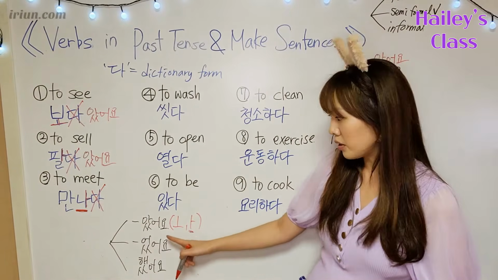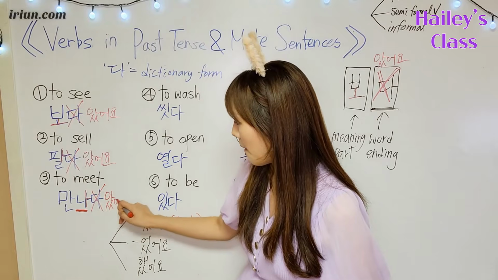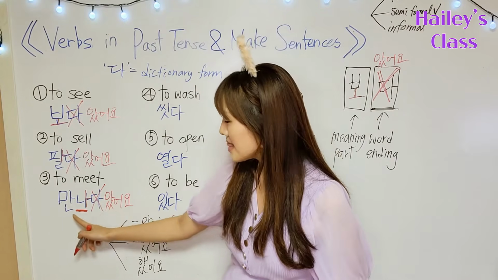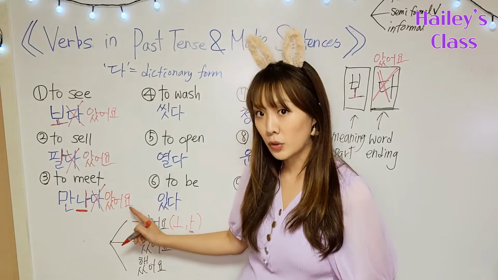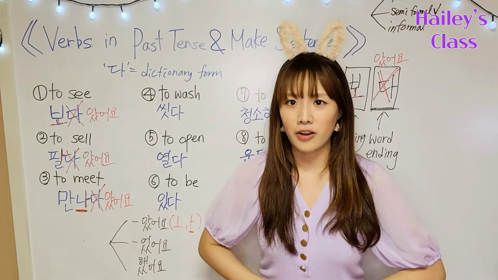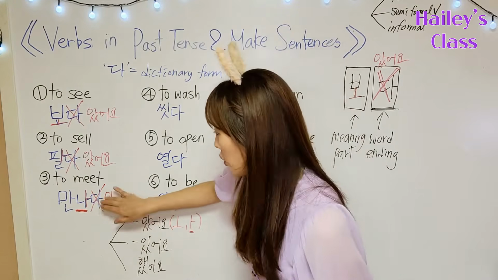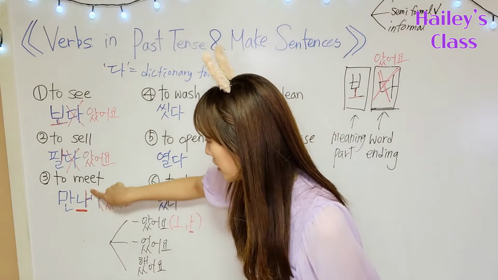So we're going to put the 았어요. So this is 만나았어요. But in here, a little bit of tricky part. I'm going to delete this part. Is it okay?